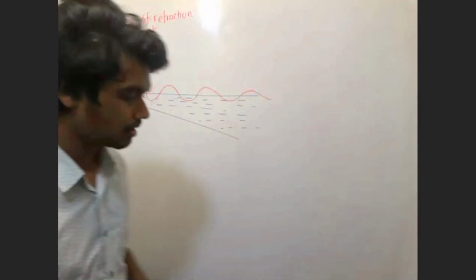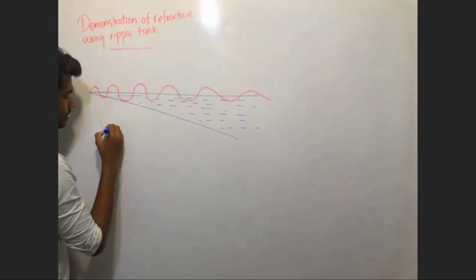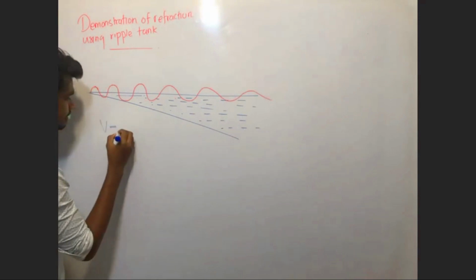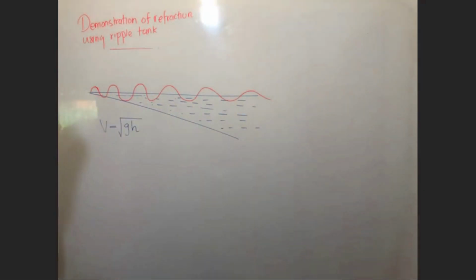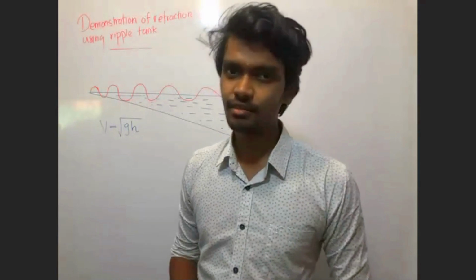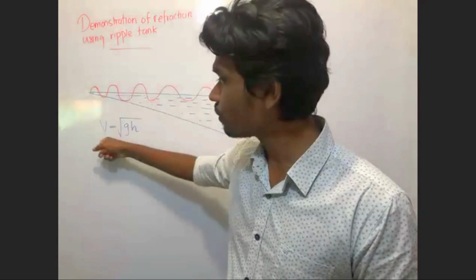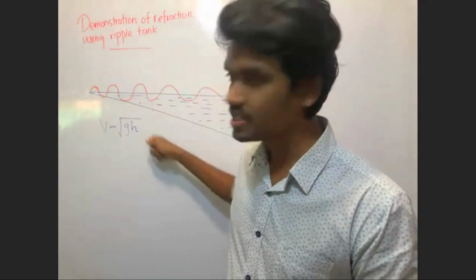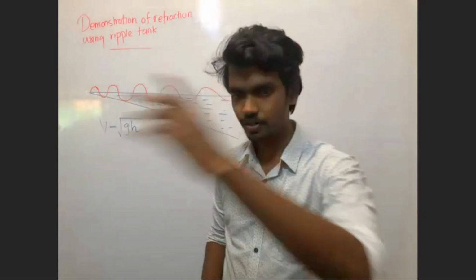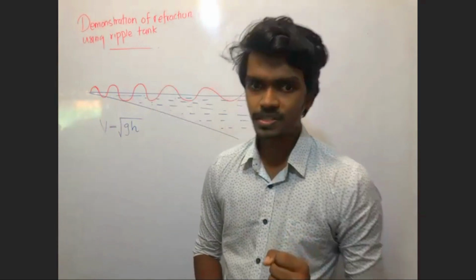That is because the speed of the wave can be written as root gH. How did I get this? That doesn't matter, and you are not required to prove these things. It's given. The speed of water waves is root gH. Very important.